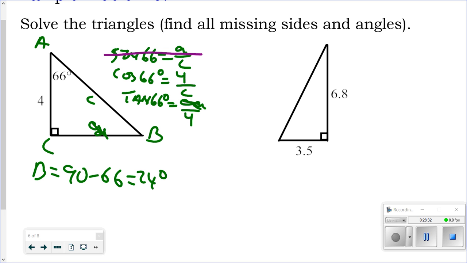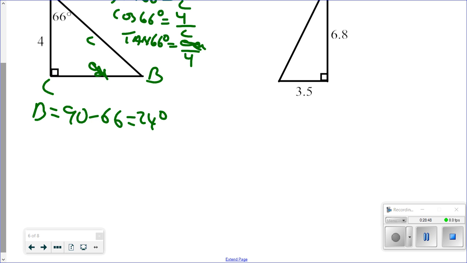I can use either the tangent or the cosine to find either side A or side C. I'm going to ask you the question: is it easier to work with the variable in your numerator or the variable in your denominator? It's going to be in your numerator. So here's what we're going to do. We're going to use the tangent. So the tangent of 66 degrees is equal to A over 4.